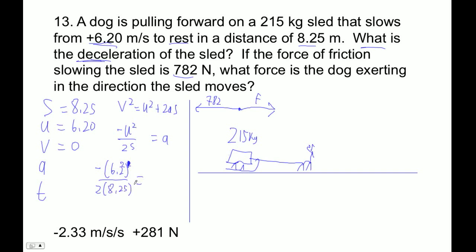It's tricky, right? Okay, divided by 2 times 8.25. I get the acceleration is negative 2.3296, and that repeats. That's kind of cool.